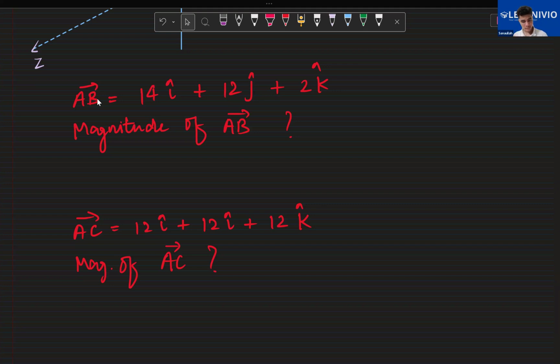Is it done? Yes. Is it done? Oshi, is it done? Yes. Okay.